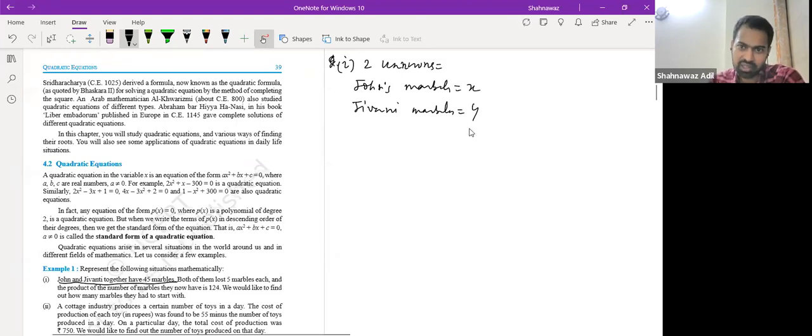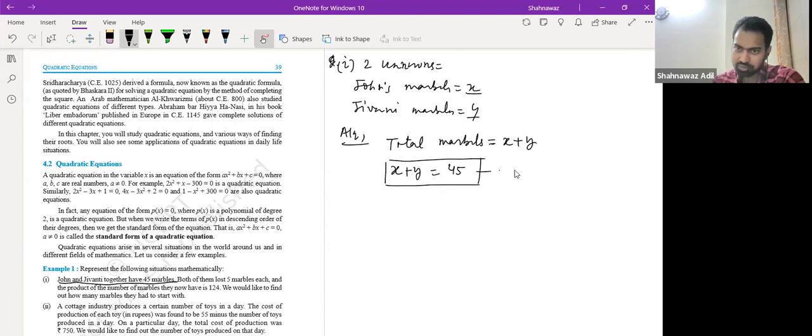So in this case, the total marbles would be 45, but John has x and Jivanti has y. So the total would be x plus y. From the question, the total is 45. So this is the first equation.